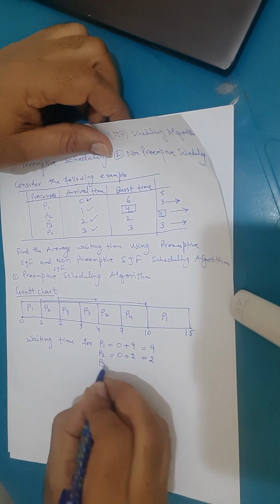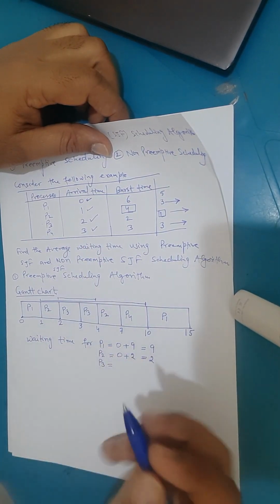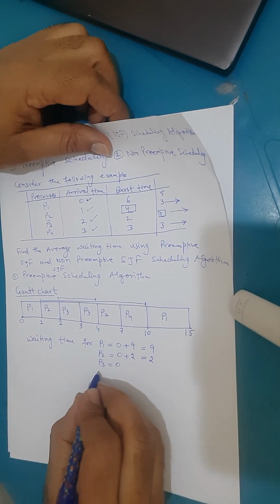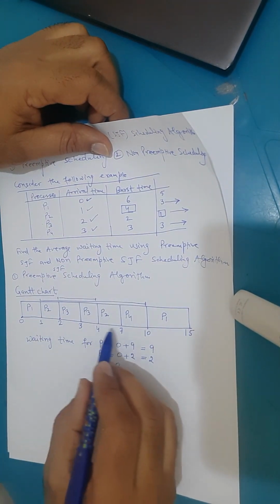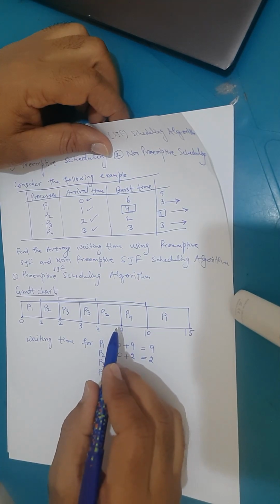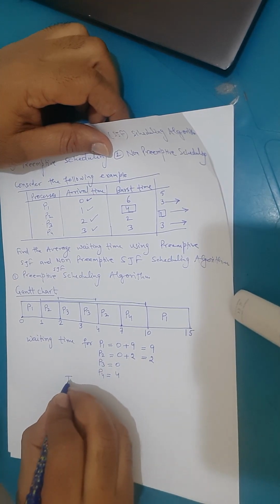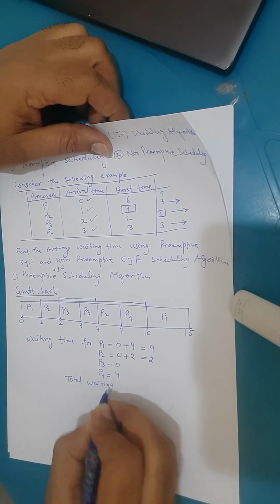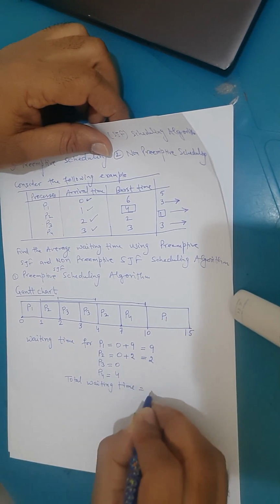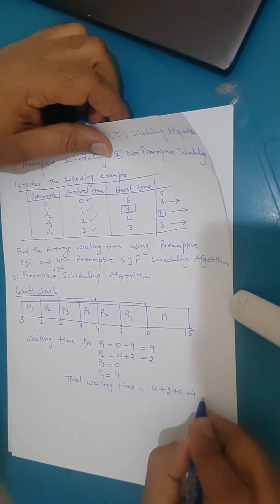Waiting time for P3: P3 enters into the system at 2 and starts the execution at 2, so there is no waiting time for P3. P4 enters into the system at 3 and P4 starts the execution at 7, so 7 minus 3 is 4. So the total waiting time is equal to 9 plus 2 plus 0 plus 4, so total waiting time is 15, right?